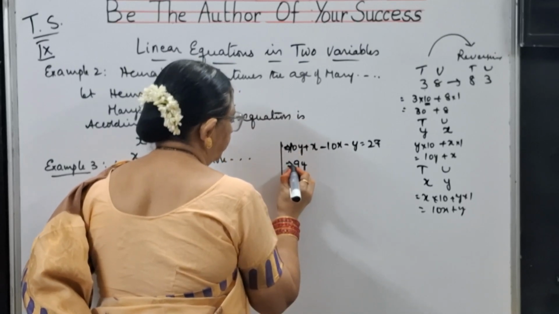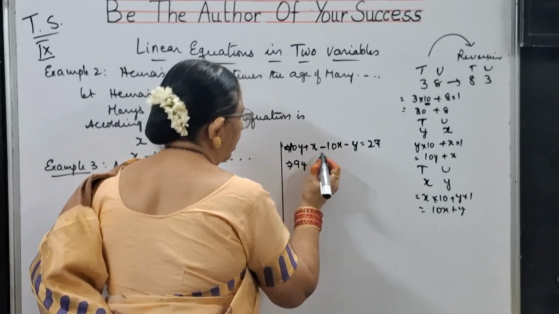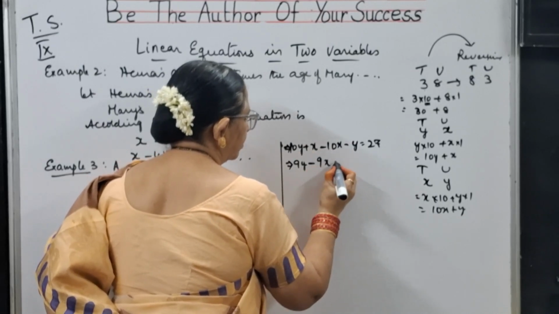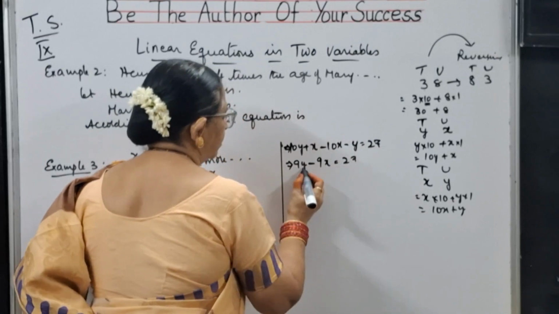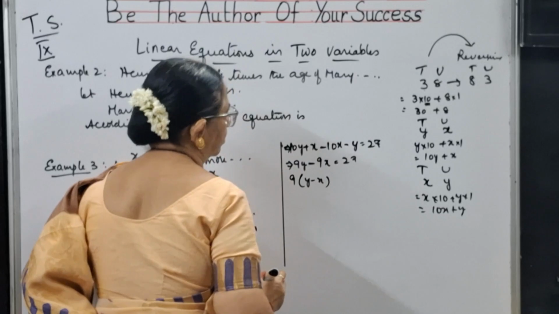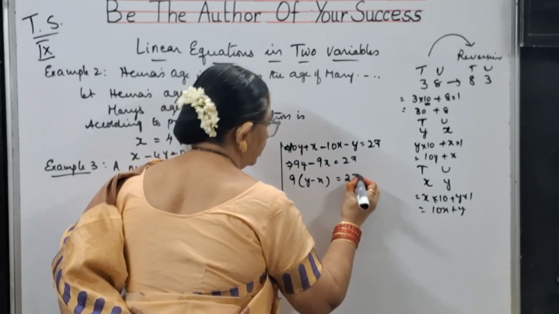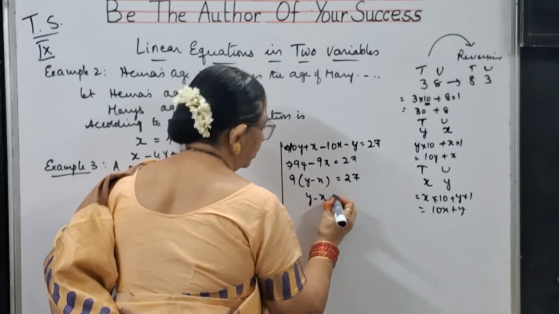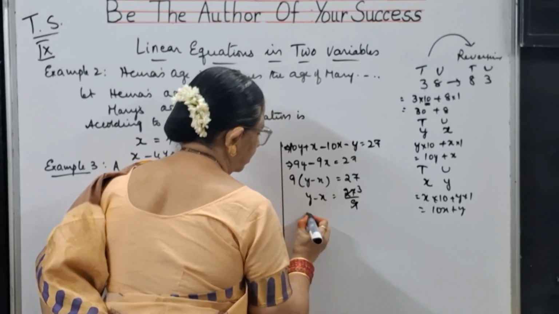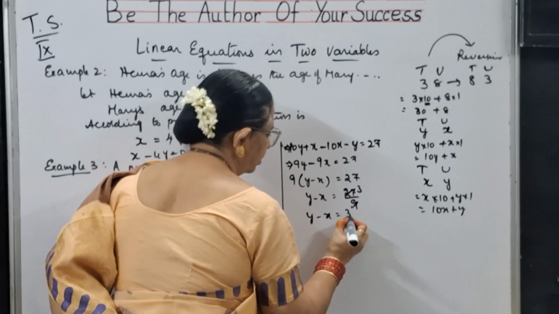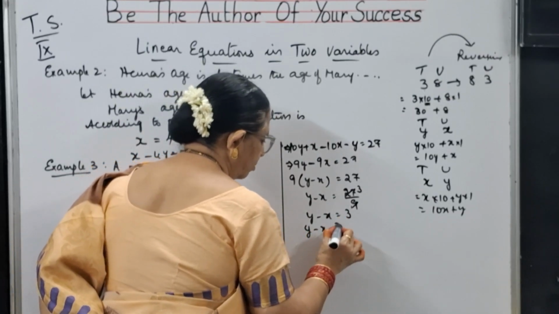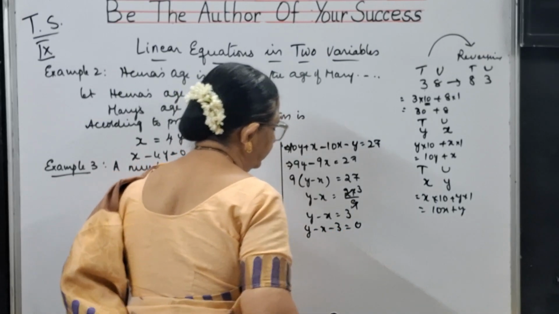This implies, we'll keep the implies sign, 9x minus 9y is equal to 27. So in these two, 9 is common. 9 into x minus y is equal to 27. So what is x minus y? 27 by 9. 9 1s are 9, 9 3s are 27. So x minus y is equal to 3.